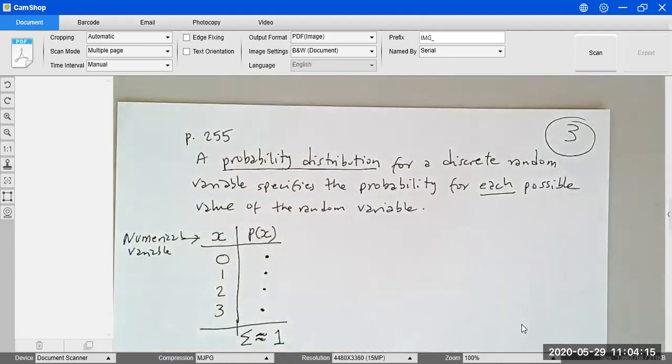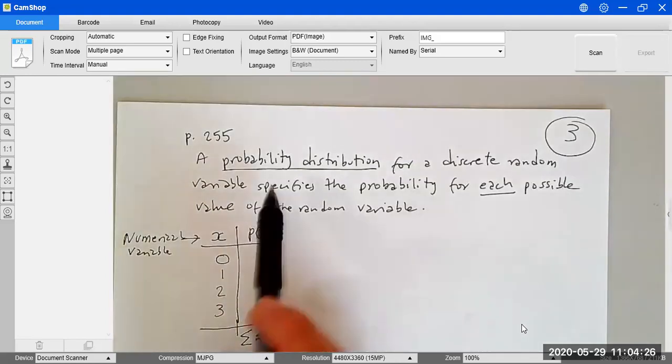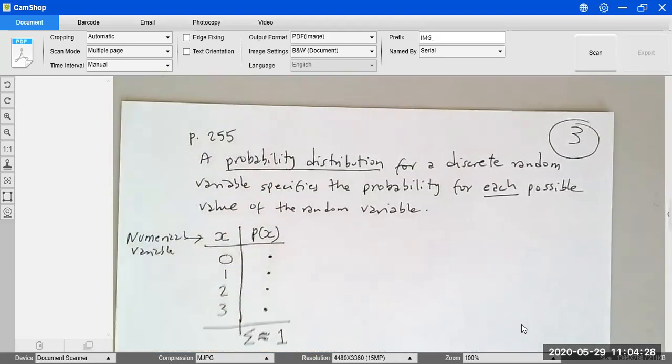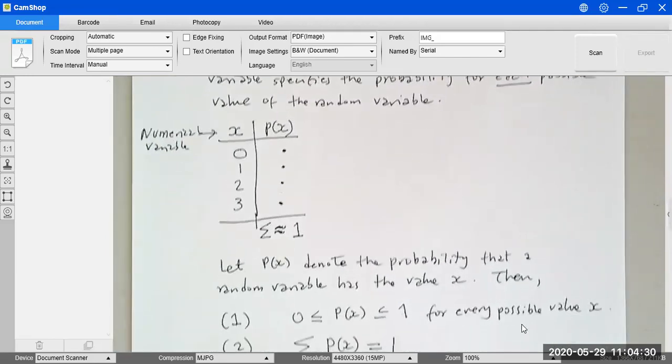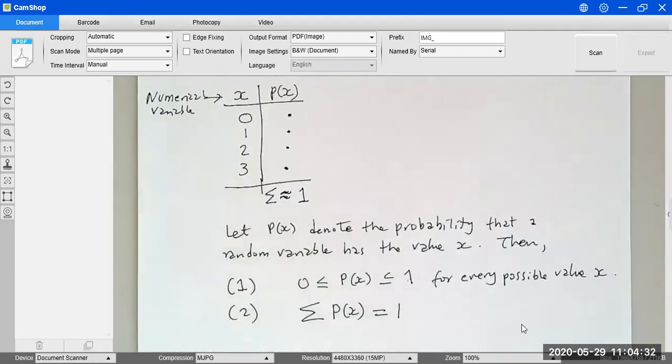If you have only one value that is negative or greater than 1, then immediately the entire table is not going to be considered a probability distribution. So you have here those conditions that I just mentioned, and we're going to work an example now.